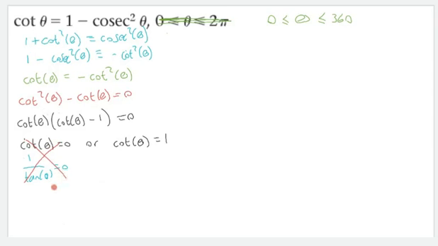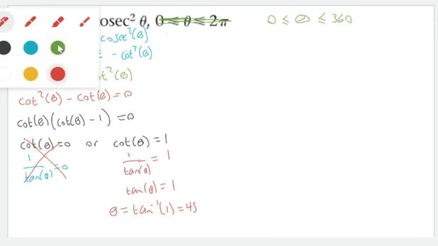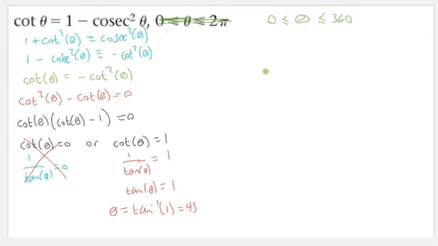What about for the other one? Tan inverse tan 1 equals 45. Sure. So first of all, let's maybe rewrite it. So 1 over tan theta equals 1. So therefore, tan theta must equal 1. And then theta equals tan to the minus 1 of 1, which equals 45 in the calculator. And then you add 180 to get 225.